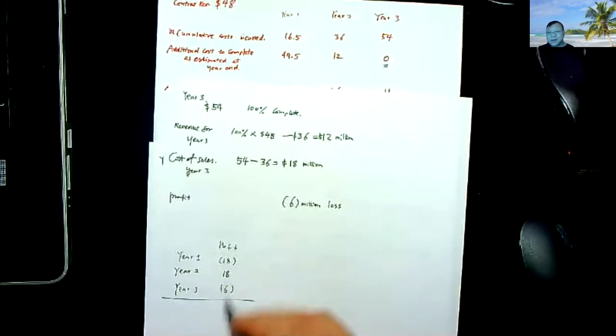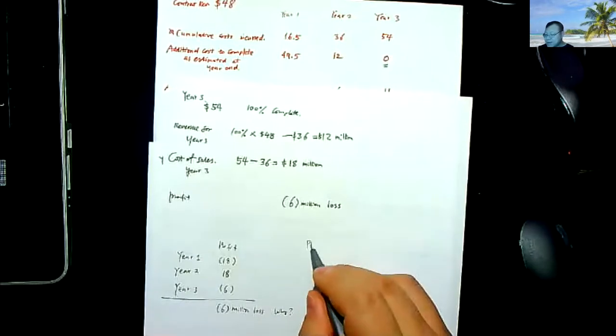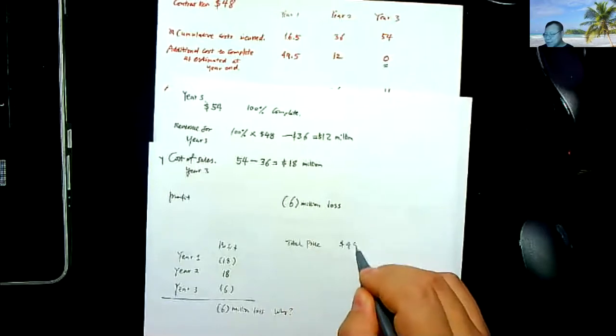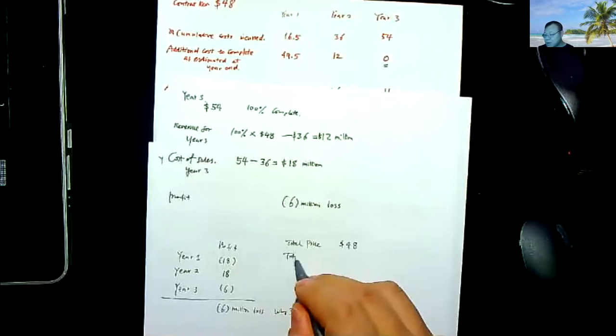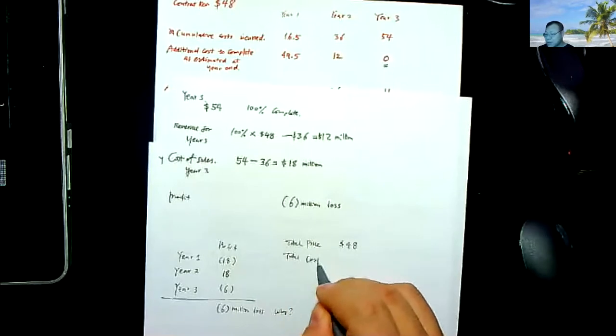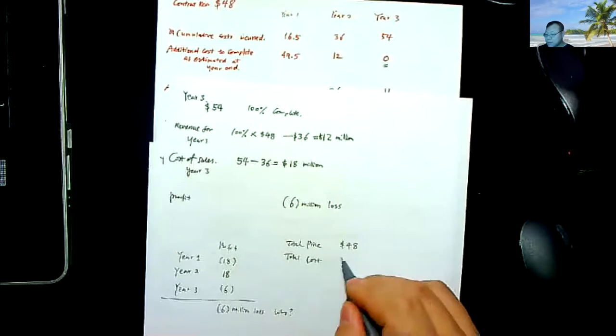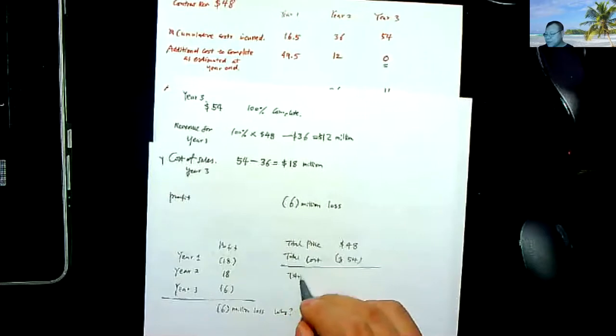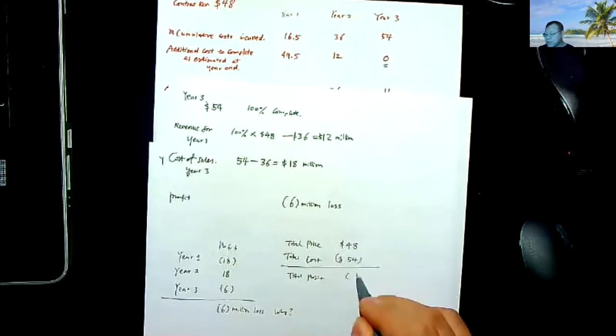So when you sum up the three years together, you have a $6 million loss. Why? Because the total price is 48 million, and the total cost is 54 million. So total profit will be a $6 million loss.